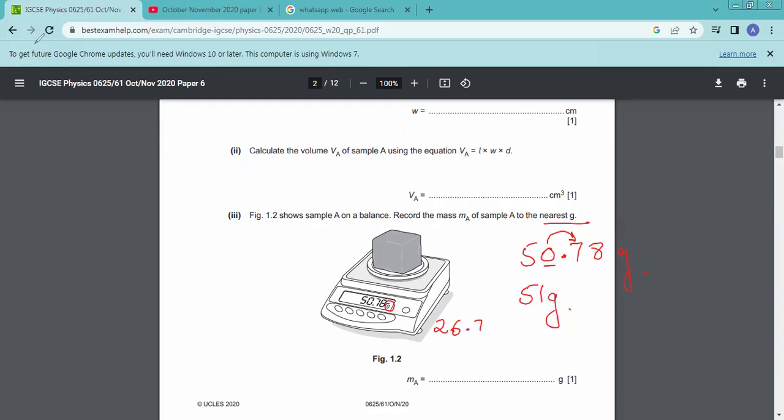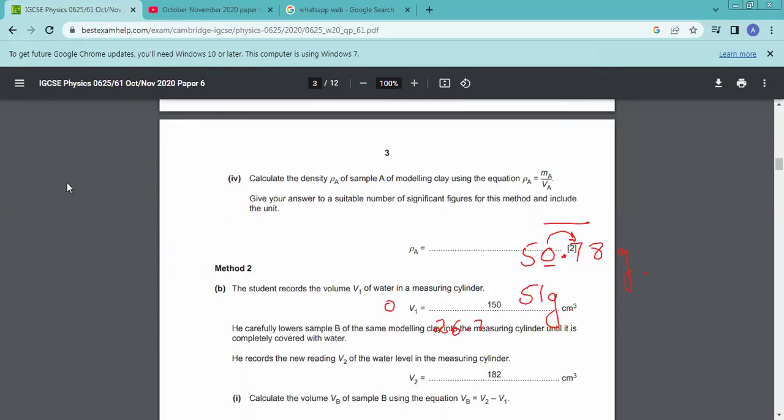Now, in the next part, they're asking us to find out the density by taking the mass and the volume, which we have found in the previous part. So I'm taking the mass as 51, the volume as 26.7, and now I'm going to find the value by dividing both of them.